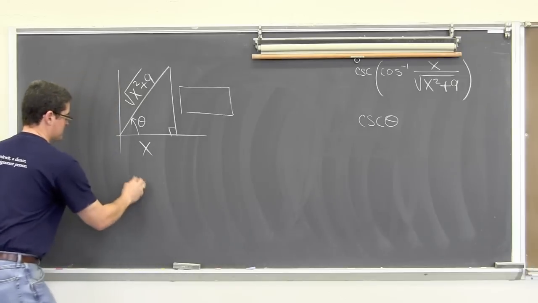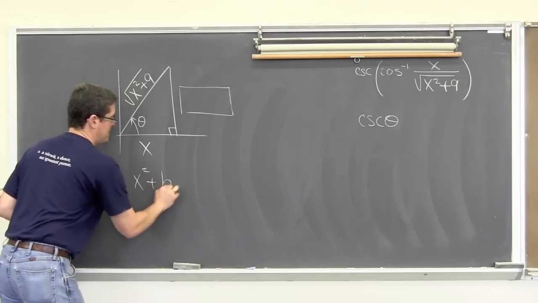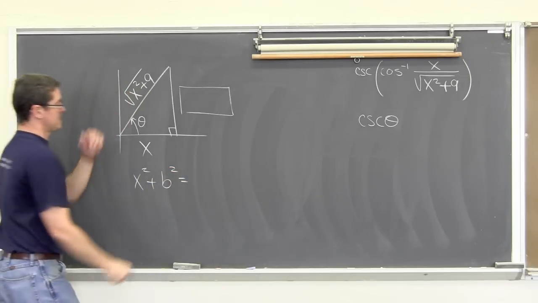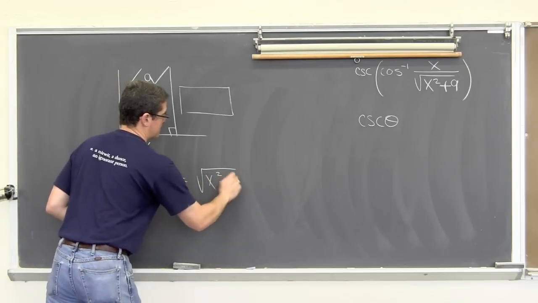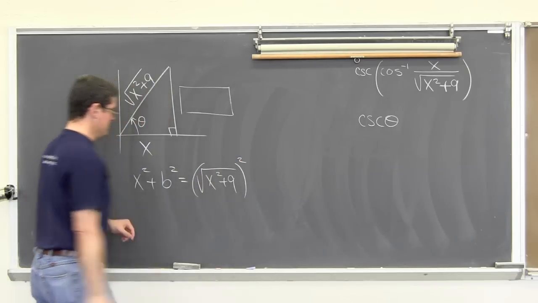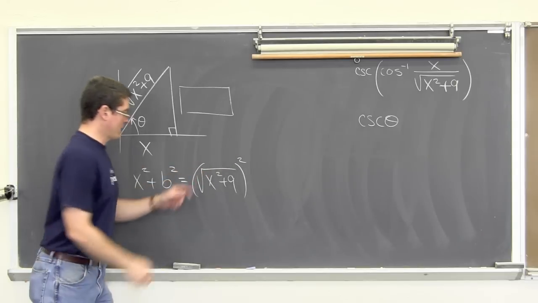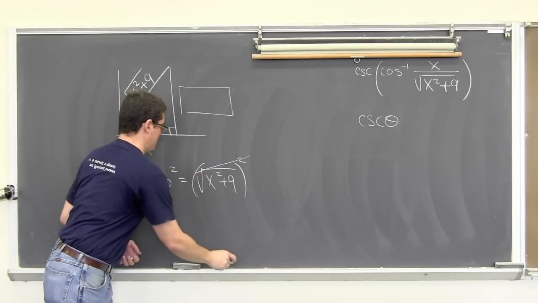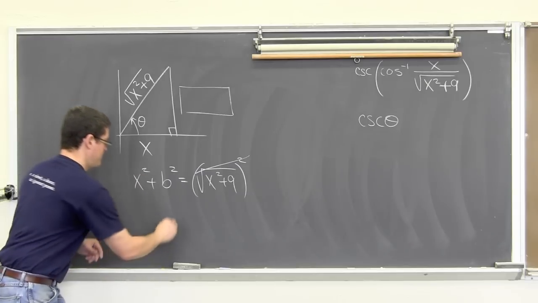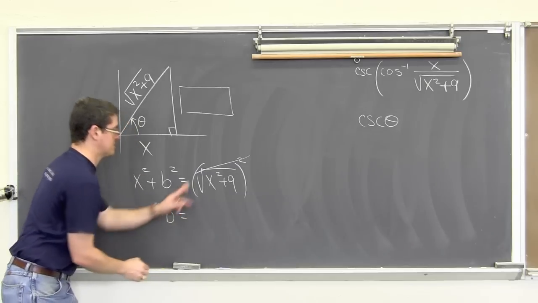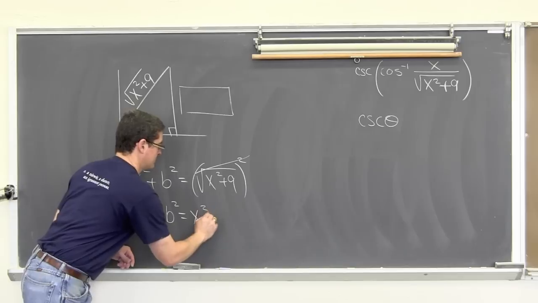So we have x squared plus b squared equals c squared, where c is the square root of x squared plus 9, squared. The squaring and the square root, of course, are going to cancel out. So we have b squared is equal to x squared plus 9, minus x squared.